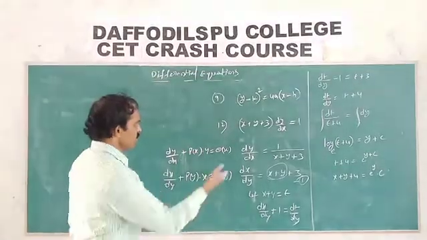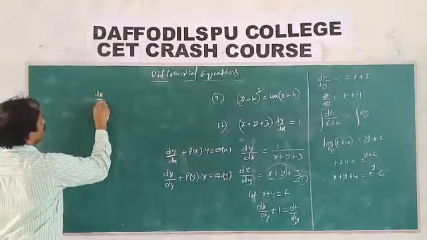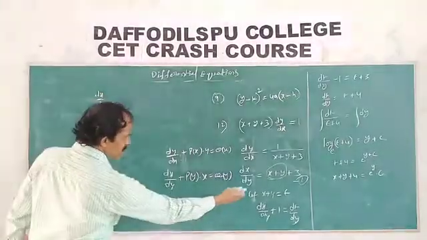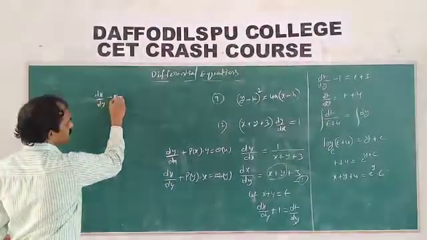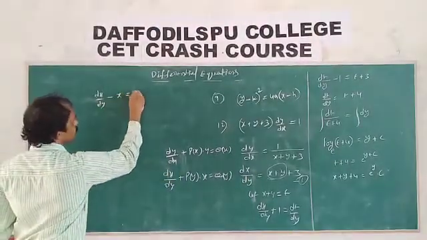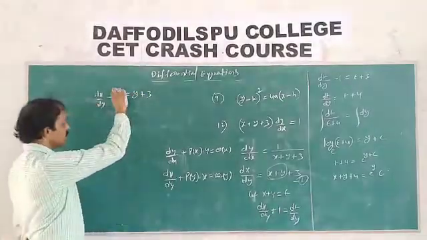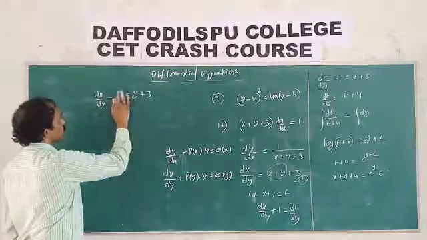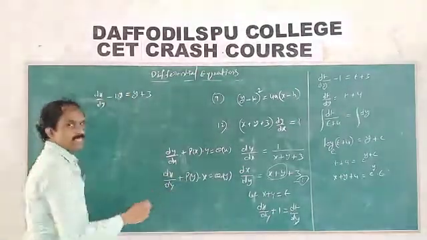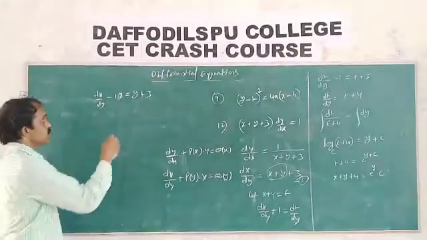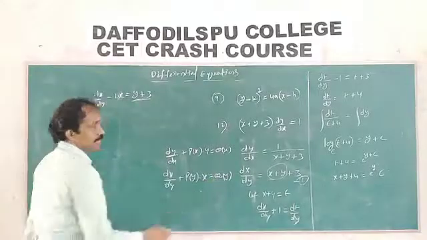The problem is dx/dy, and taking this side, dx/dy minus x is equal to y plus 3. Clear? dx/dy plus p of y into x, so here p is a constant. p of y means either a function of y or a constant. This is q of y.